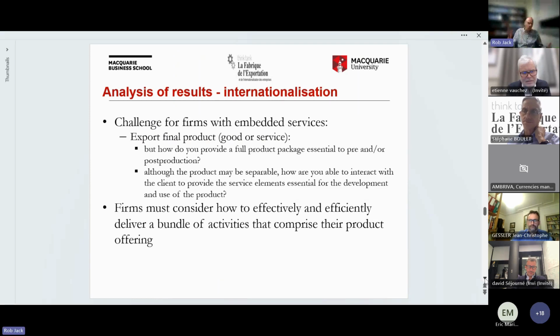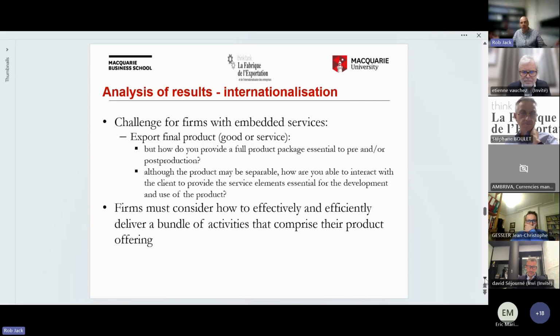Okay, so what does this mean? The challenge for firms. For many of these firms, the challenge with their internationalization is not so much their main product, which, whether it's a good or a service, can actually be manufactured or developed or produced quite easily at home.